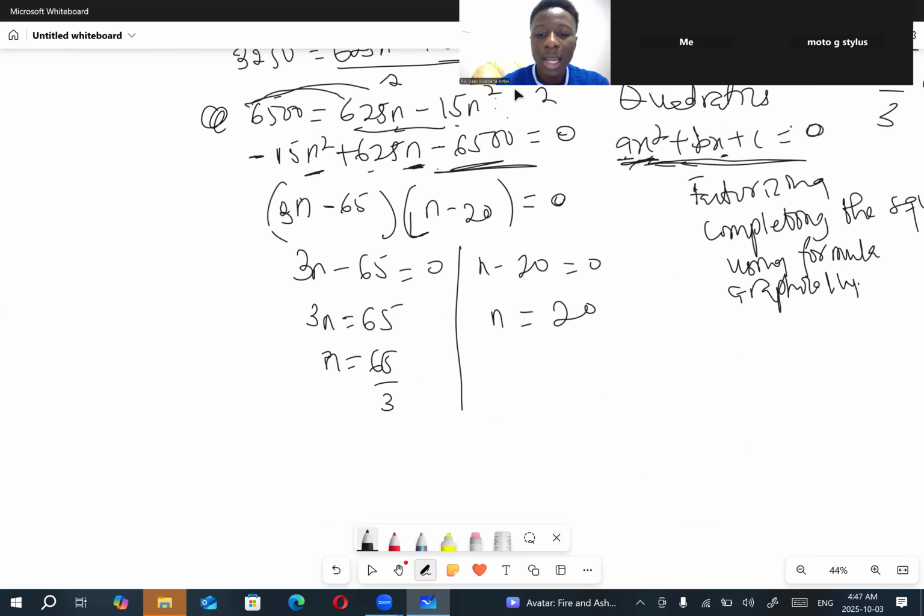So now you see the number of terms that will yield that. You can see that the number of terms cannot be a fraction. There are certain principles in math where we have to apply common sense. The number of terms cannot be less than or equal to 0.